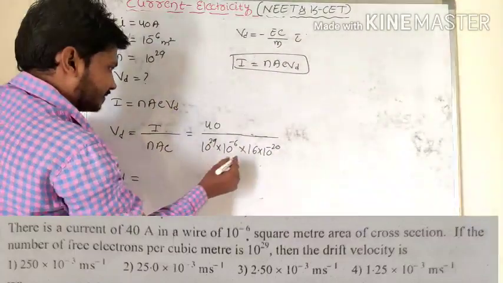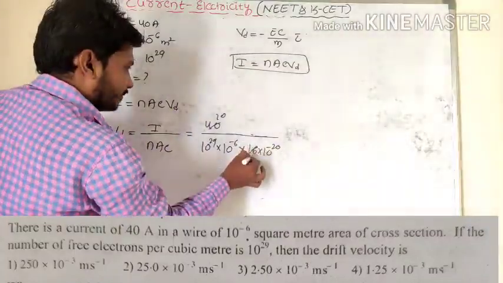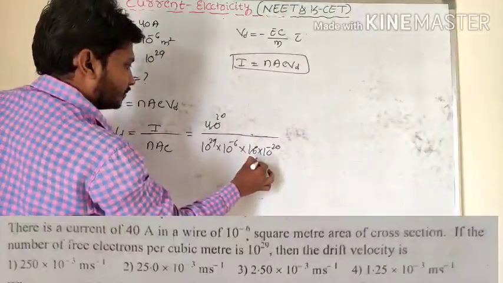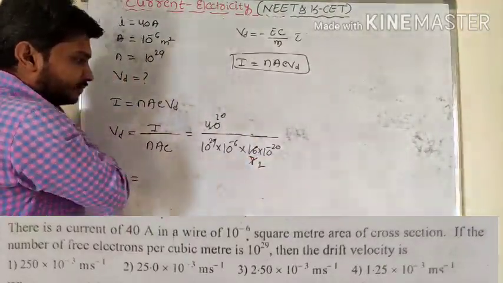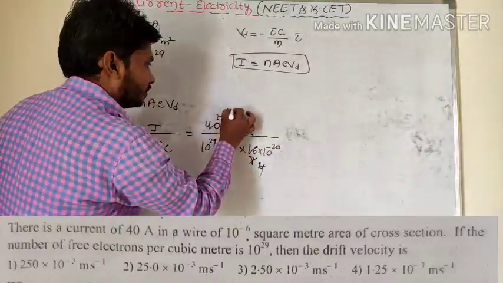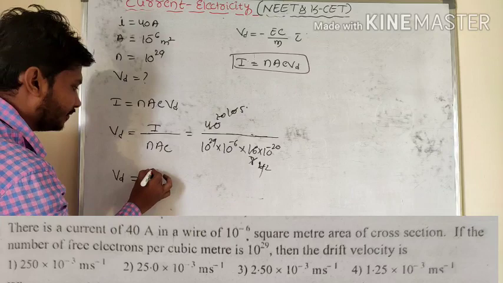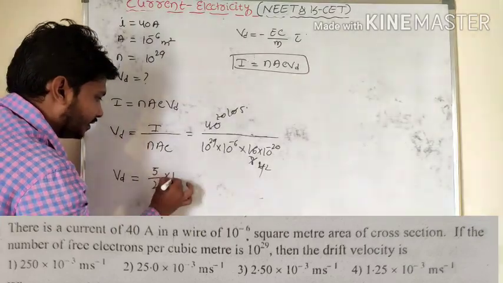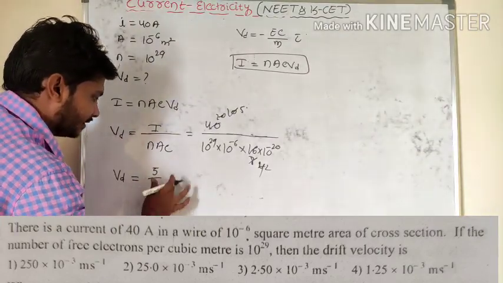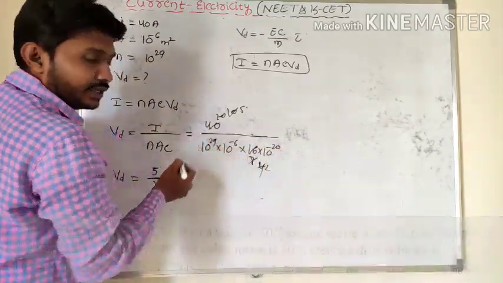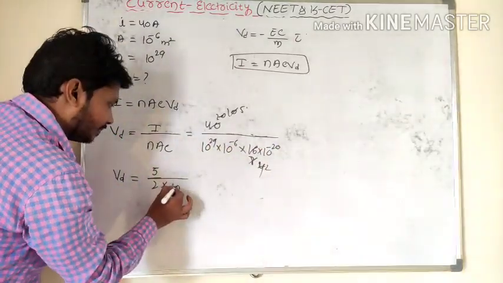I will rewrite this equation. 5 by 2 into 10 to the power of, first taking the denominator, minus 26 plus 29, so 10 to the power of 3.